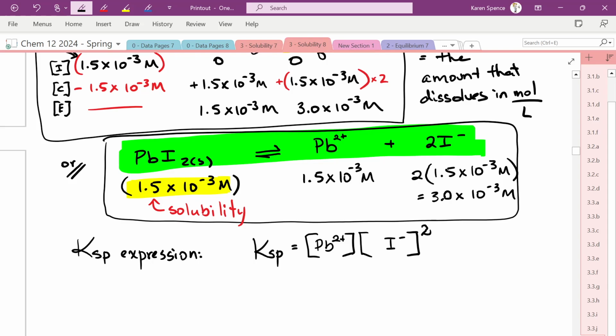Are we now able to calculate KSP? Yeah, because we got the ion concentrations, just toss them in. 1.5 times 10 to the negative 3 times 3.0 times 10 to the negative 3 squared. And we get... I had a calculator, but I don't know where it is.